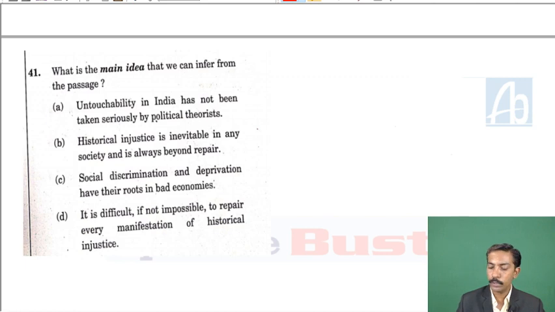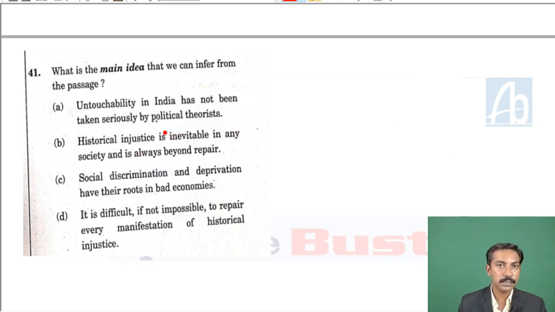Question number 41. What's the main idea that we can infer from the passage? Untouchability in India has not been taken seriously by political theorists.